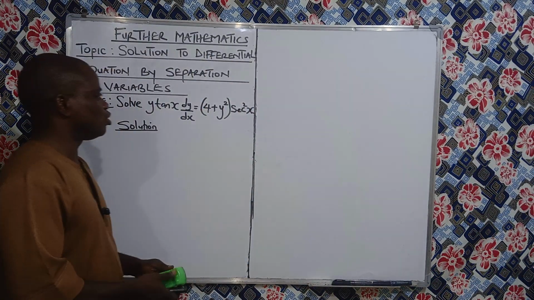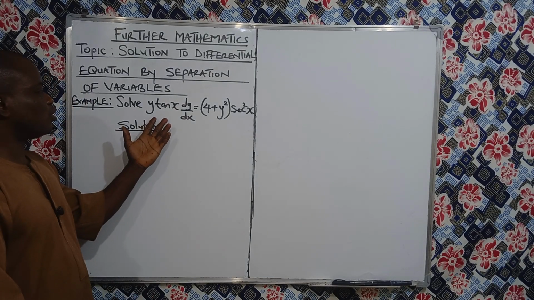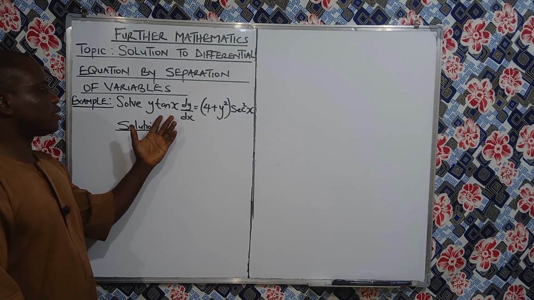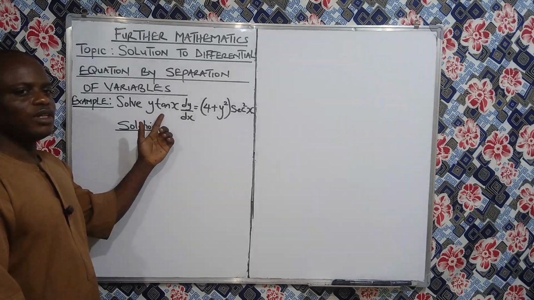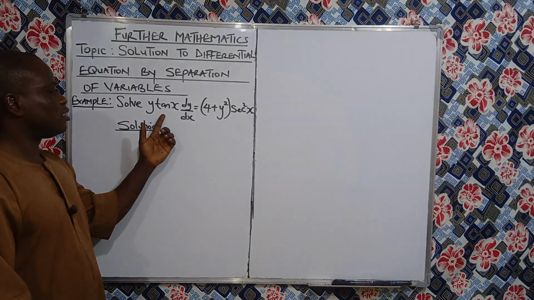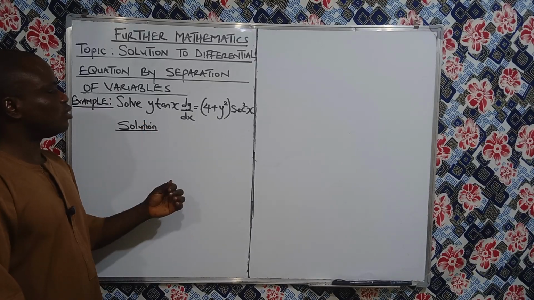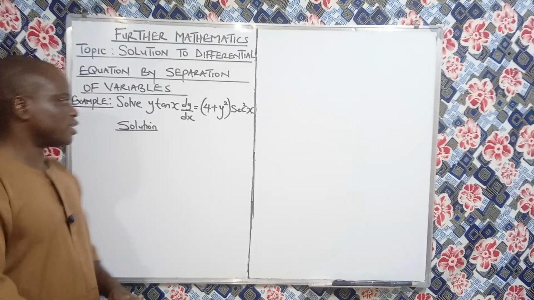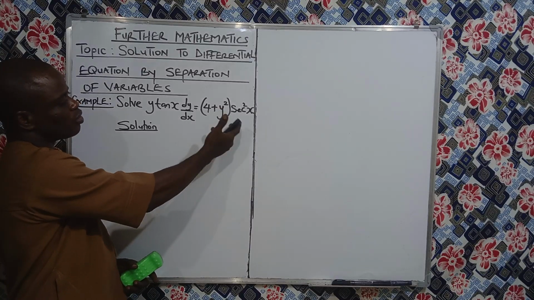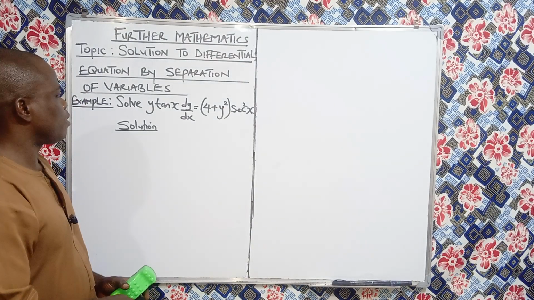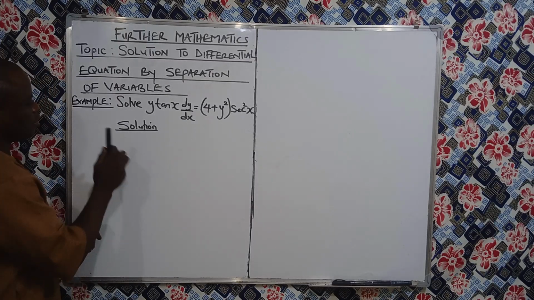What you need to do is remove tan x from the left hand side and see how it can be taken to the right hand side. And see that on the right hand side we have 4 plus y squared sec squared x. Okay, now let's start.